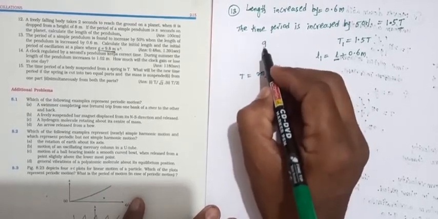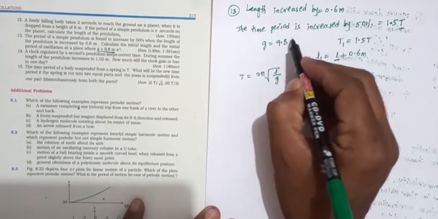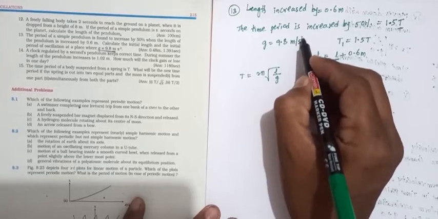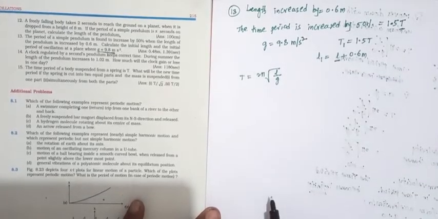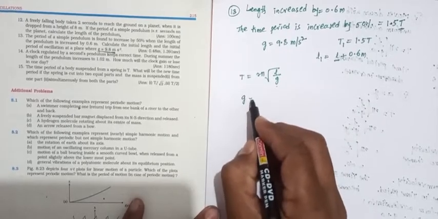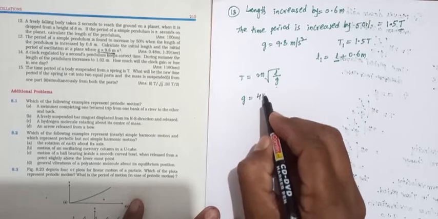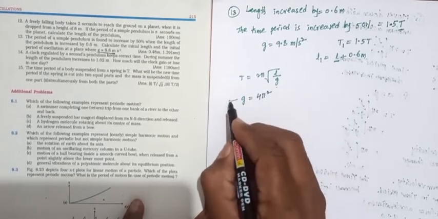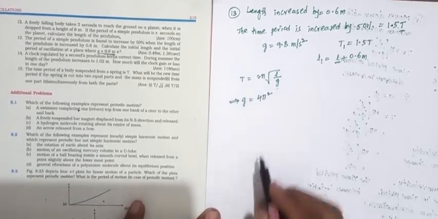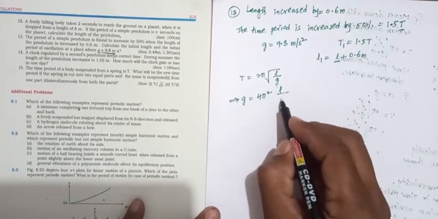Here the acceleration due to gravity is given, g equals 9.8 meter per second square. So the equation is 4 pi square. From the above equation, g equals 4 pi square L by T square.